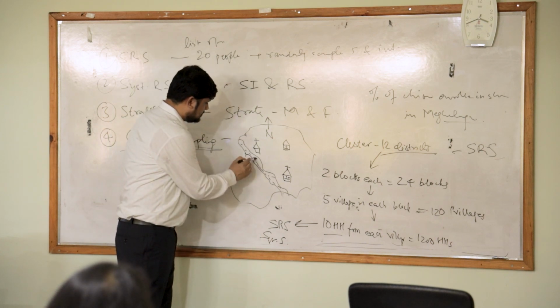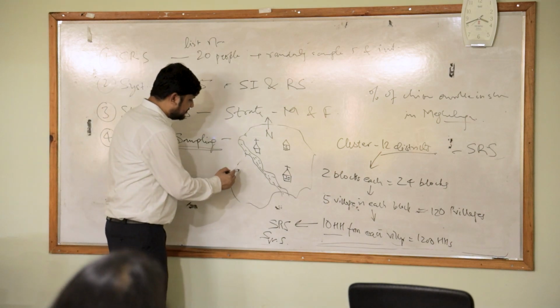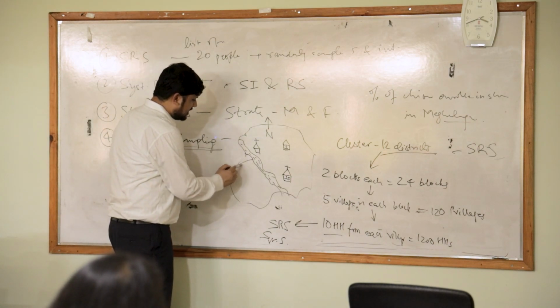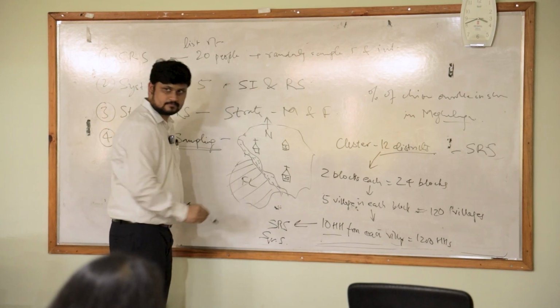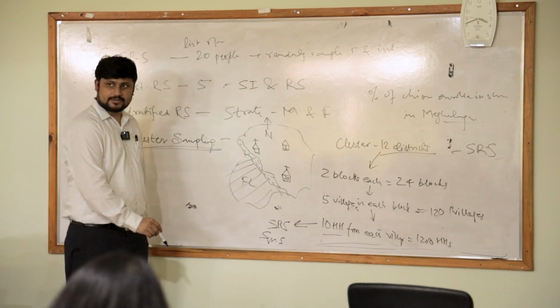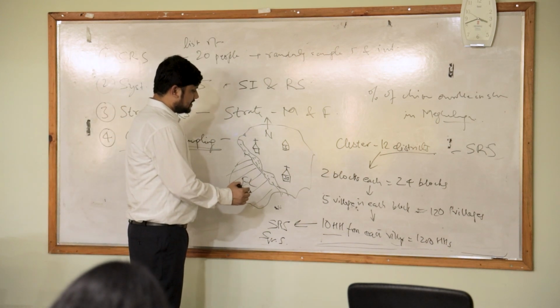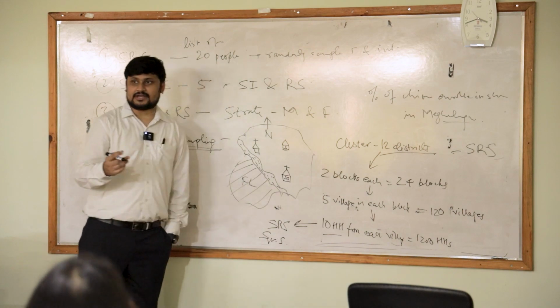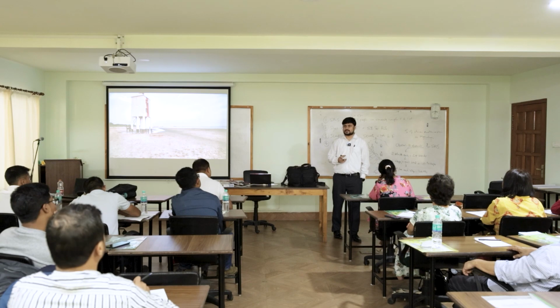Then someone might say this area is fallow land. Now you might start asking how many households are in different parts of the village.